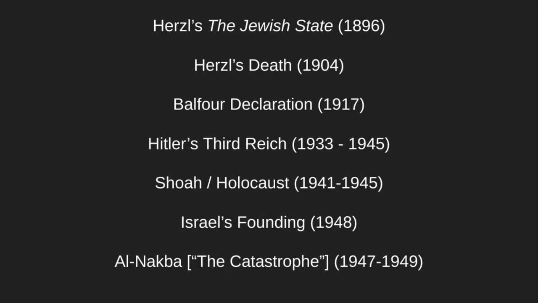Now, many Jews as well were very ambivalent about the ideas of Herzl, but it was precisely with the rise of Hitler and the advent of the Shoah, or what's sometimes called the Holocaust, the death camps in Europe, in which 6 million Jews perished and many other peoples perished as well, some 9 million Russians, that this created an even greater sense of urgency, and it gave a certain weight to the views of Herzl that the so-called Jewish problem was not going to be solved in Europe unless there was an independent state for Jewish people.